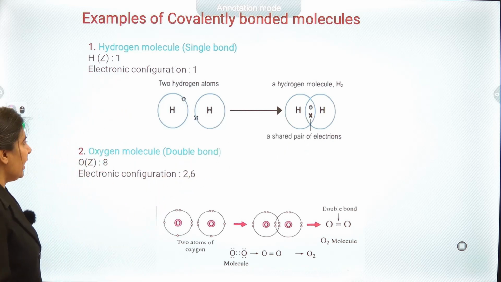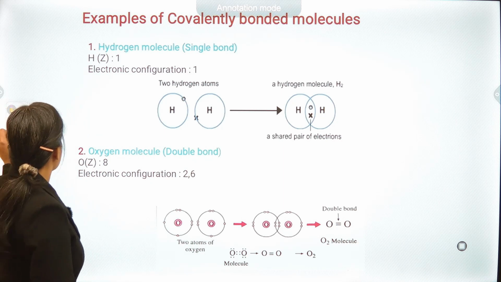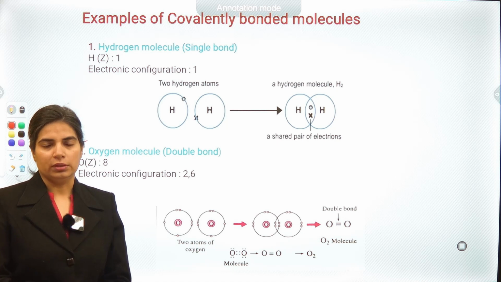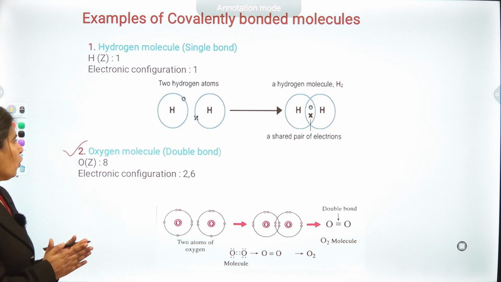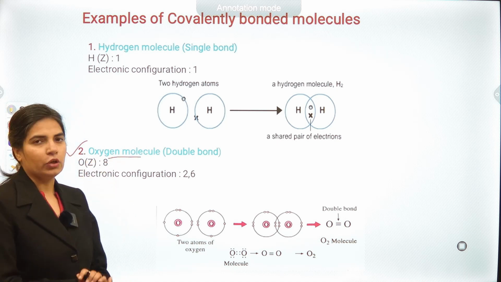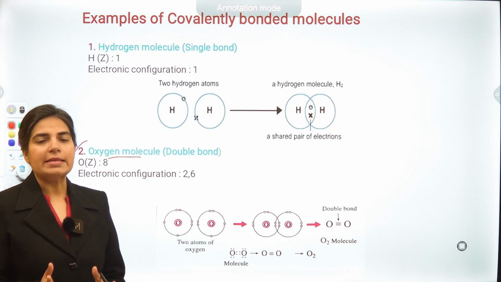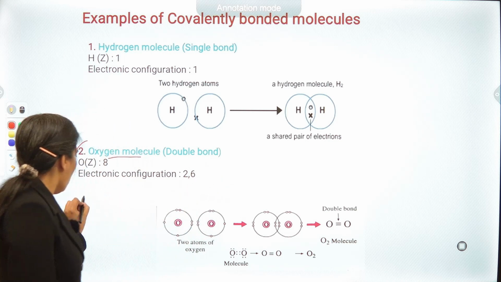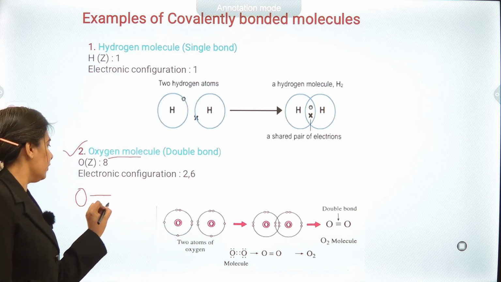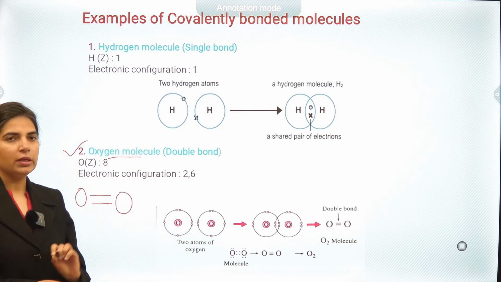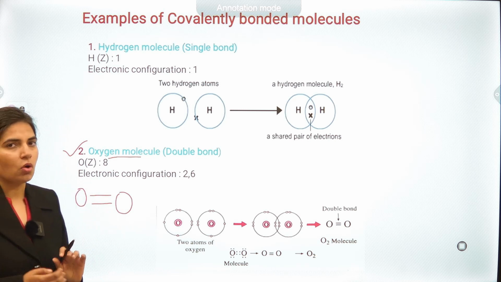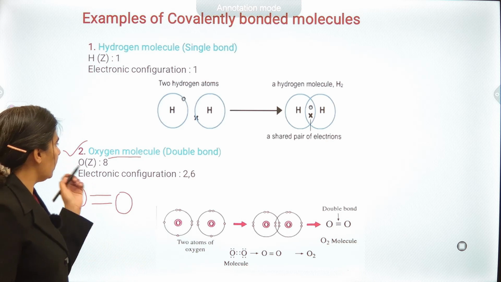Now let's move to another example, that is oxygen molecule. Now if I talk about oxygen molecule, oxygen has double bond. It means oxygen atom will form double bond with another oxygen atom. Now let's talk about the formation of double bond.